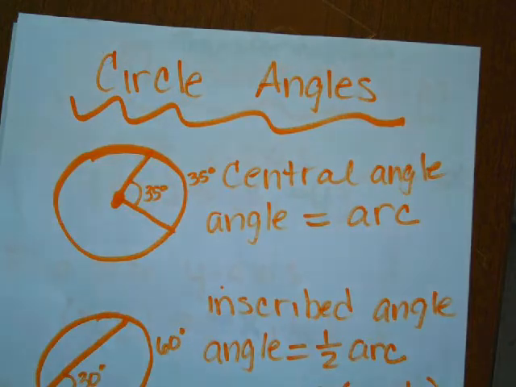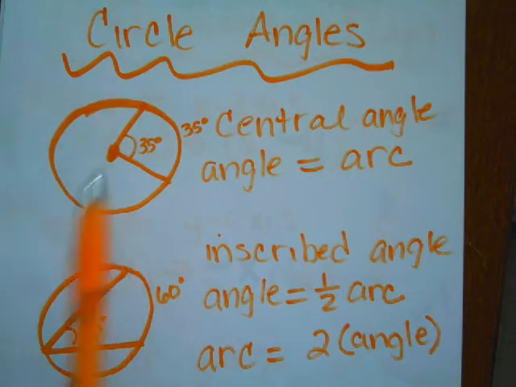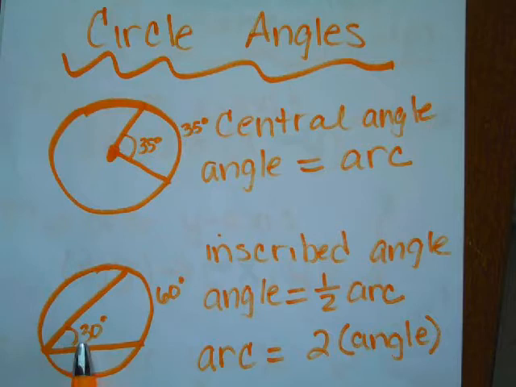With an inscribed angle, the vertex is on the circle, not in the center. See the difference? Center and on. So the angle is 30 and the arc that goes with the angle is twice as big.